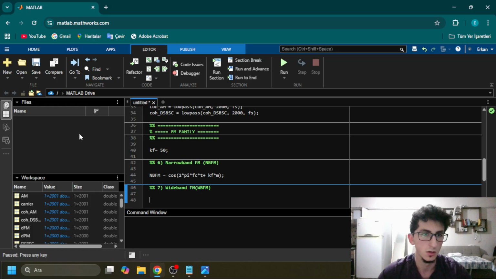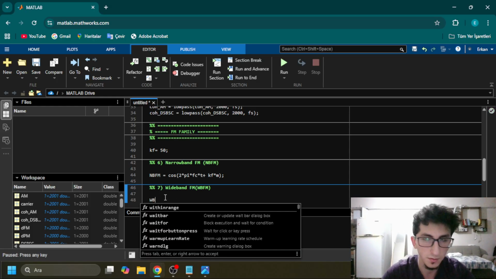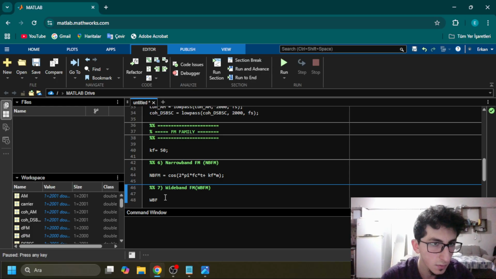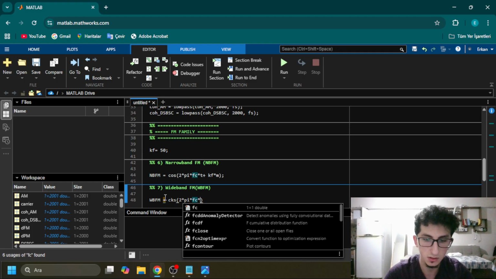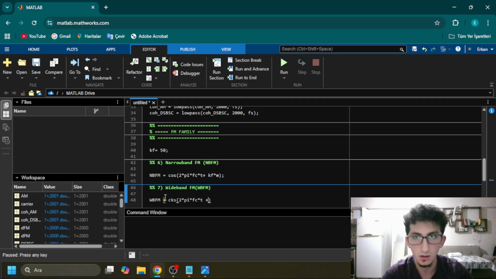So I'm gonna write this code, and it's gonna be a bit different. FM equals to cosine 2 times pi times fc times t plus 10 times kf times some m divided by Fs.